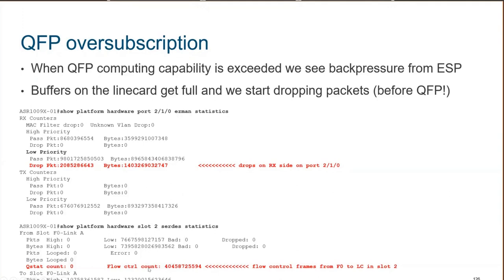Since the buffer is not available on the FP, the SIP buffer is being used, and whatever packets arrive late will be dropped because the buffer is already utilized. So this is how you check the drops from one level to another. You got the scenario now, right? Yes, sir. Okay.